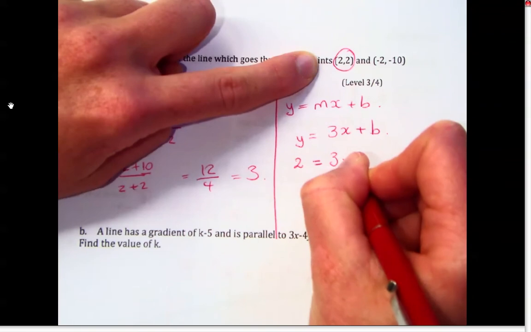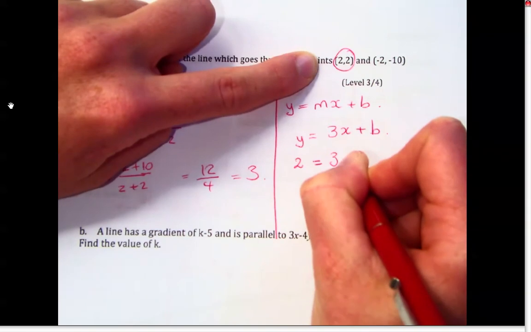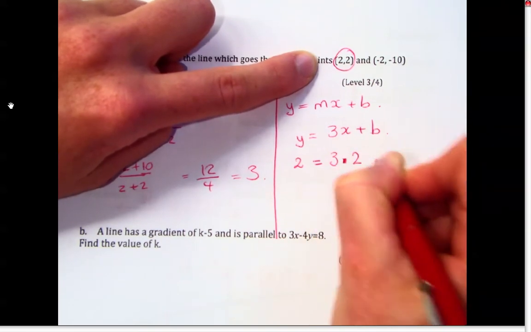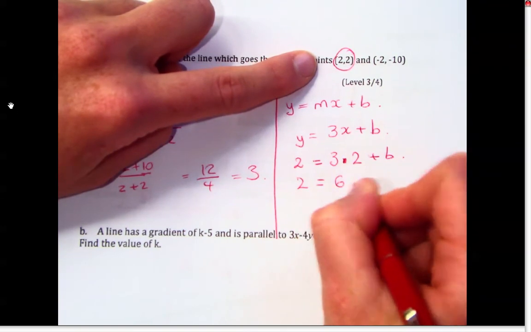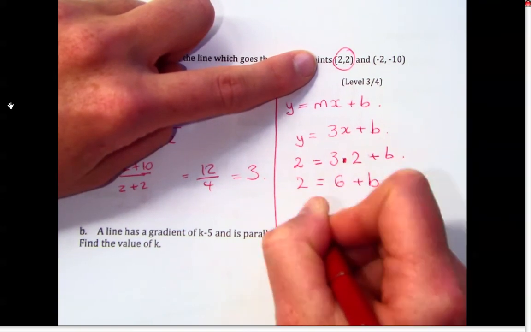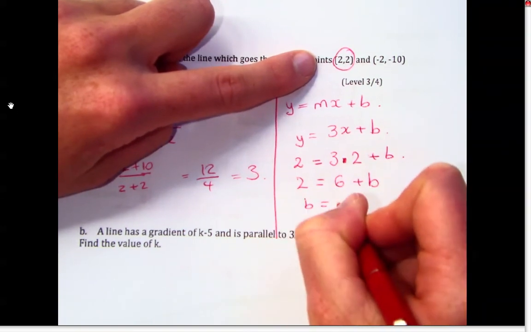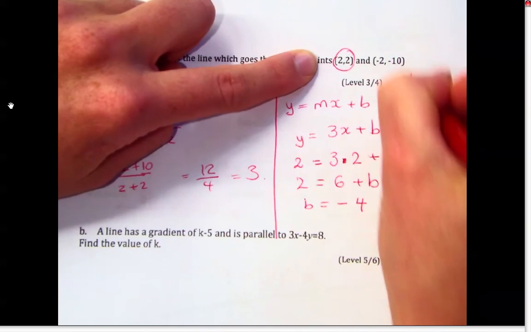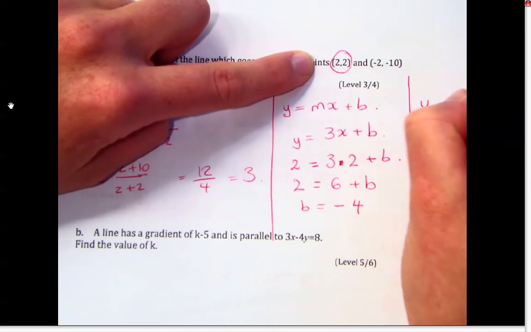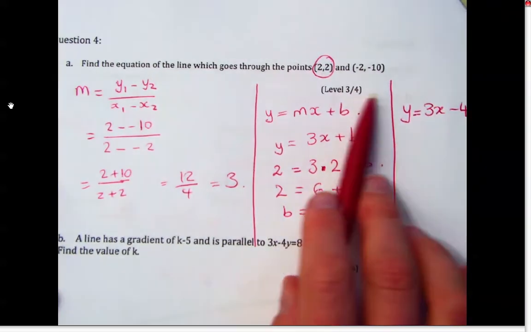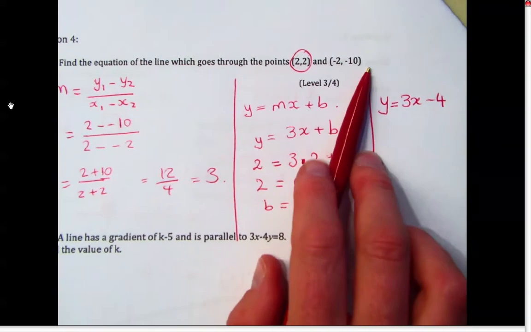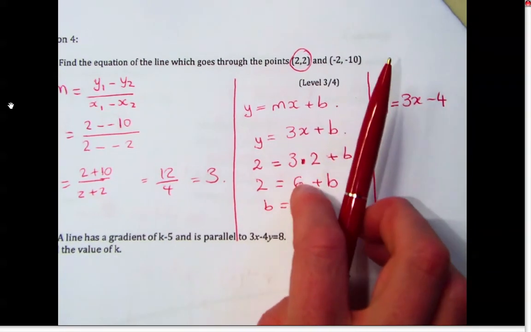So 3 times 2, plus b, which becomes 2 equals 6 plus b. So b is minus 4. So the formula is y equals 3x minus 4. And you should be able to plug in one of these, -2, and you should get an answer of -10, so you can actually check if you've done it right.